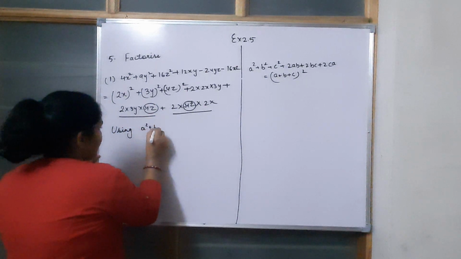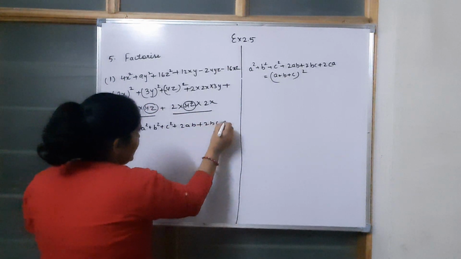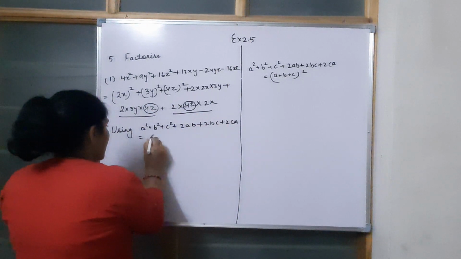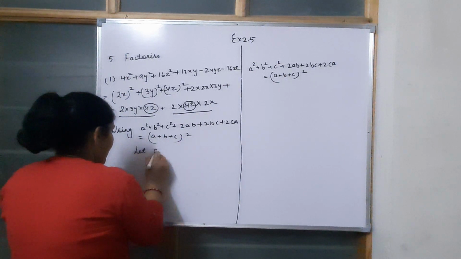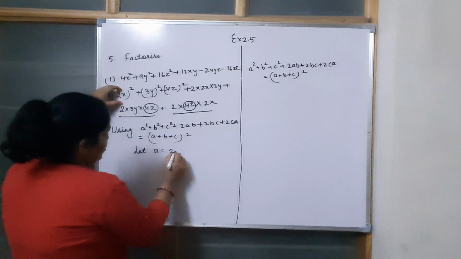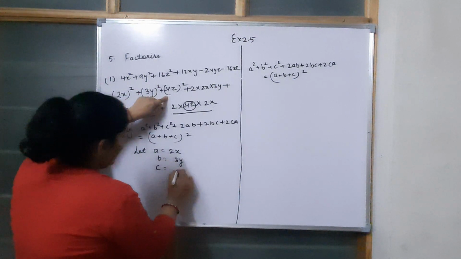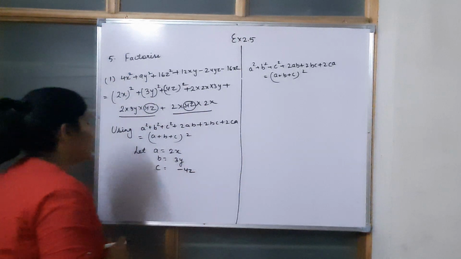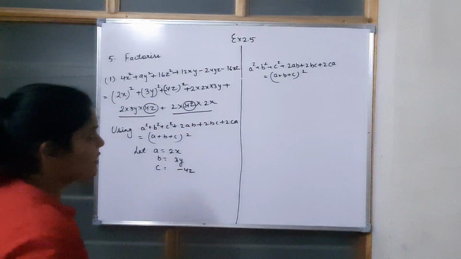a square plus b square plus c square plus 2ab plus 2bc plus 2ca is equal to a plus b plus c whole square. Let a be 2x, b be 3y and c be minus 4z.